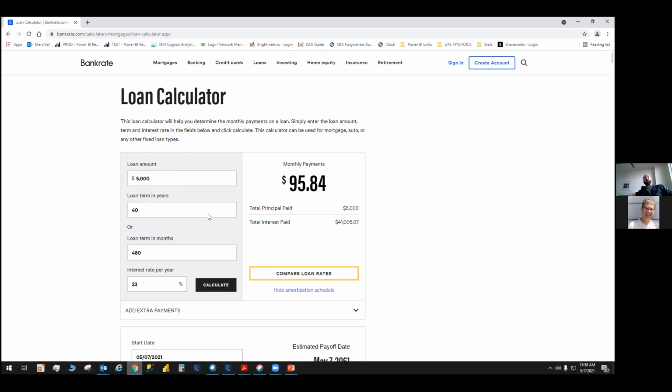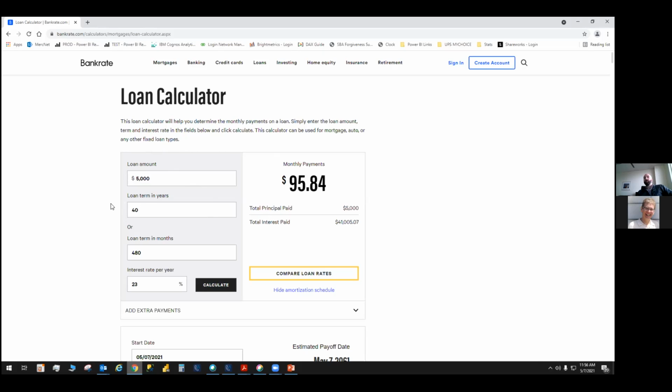So the takeaway that I'm getting here is when working with a credit card, if possible, it's always a good idea to pay more than the minimum amount. And then if I get into trouble and for some reason I can't make my payment that month, I can always go back to the minimum payment.